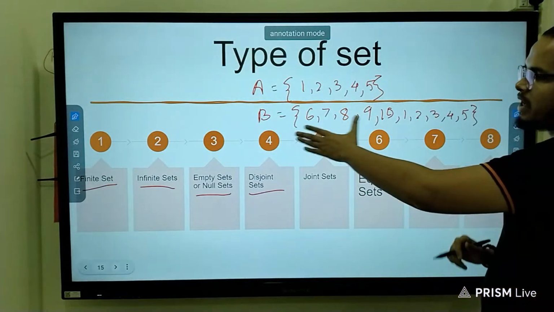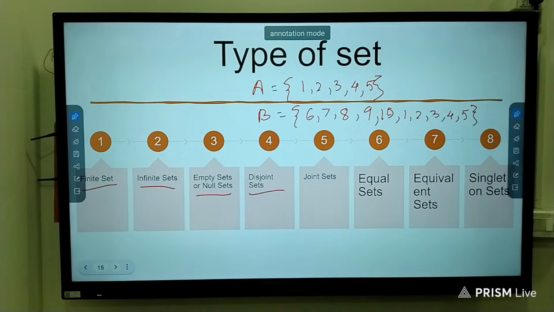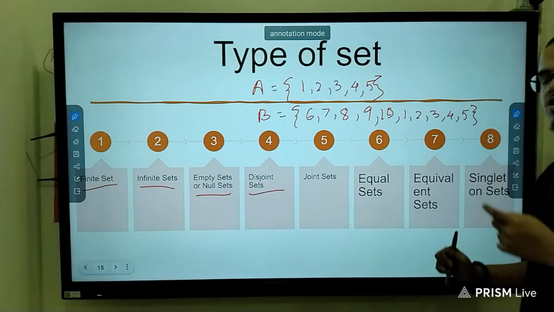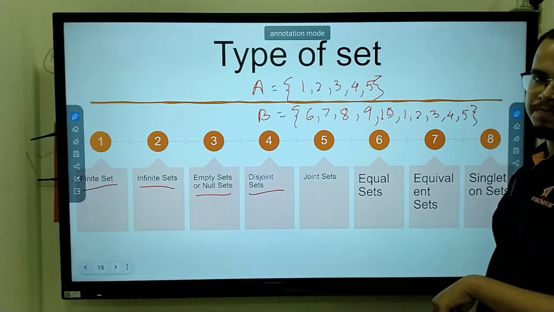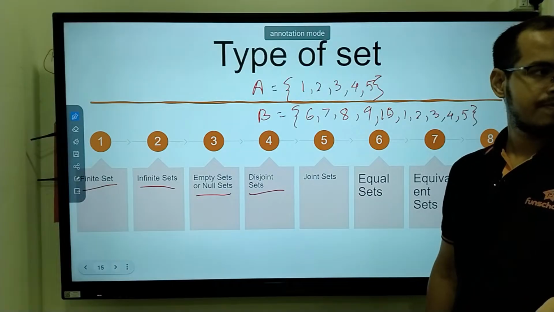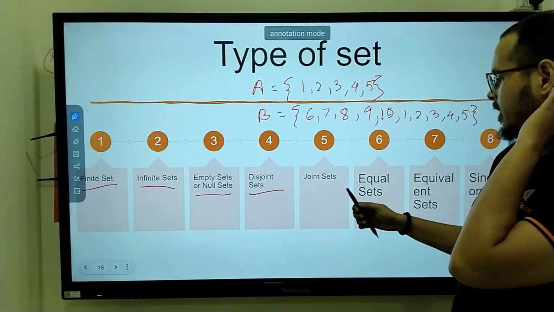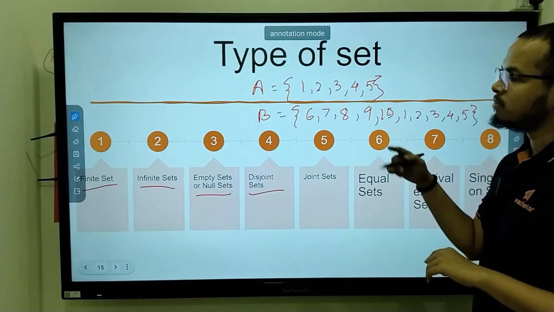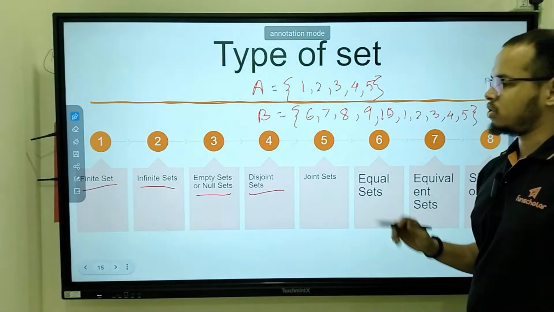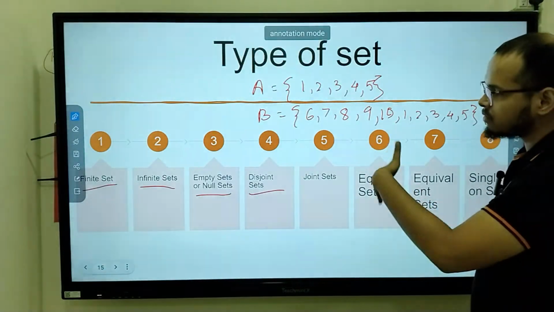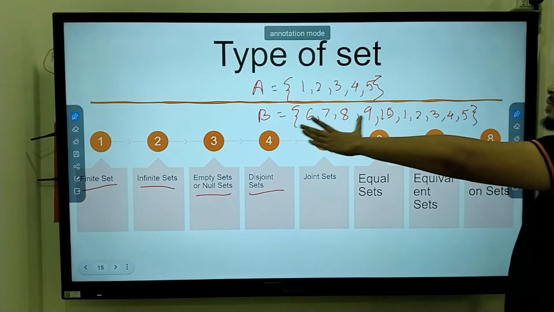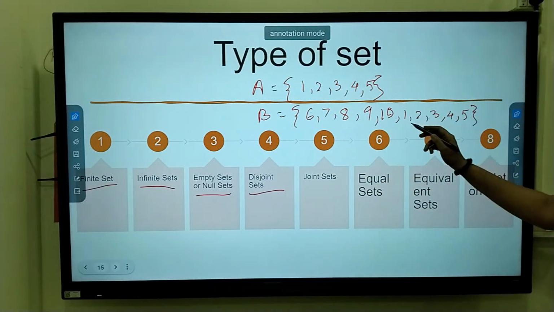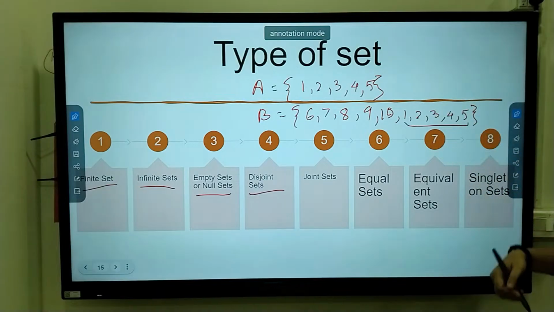And now after writing everything, see, B actually contains all the elements of A. So A is a subset of B. A is a subset of B. Okay. After that, joint sets are also when both of them are connected in some sort. So these two are joint sets because both of them are connected: A has 1, 2, 3, 4, 5, and B has 1 to 10, so B also has 1, 2, 3, 4, 5. So these two are joint sets.